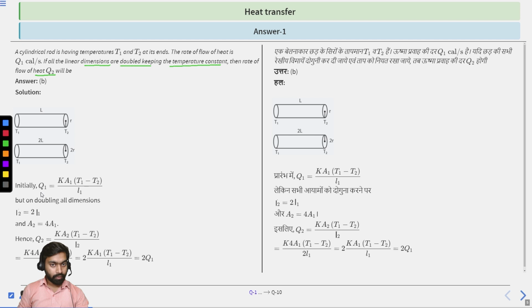Initially, we know Q1 is equal to K A1 (T1 minus T2) divided by L1. Clear? So this is L, this is Q1. But doubling all the dimensions, L2 is equal to 2L1, this is L2.